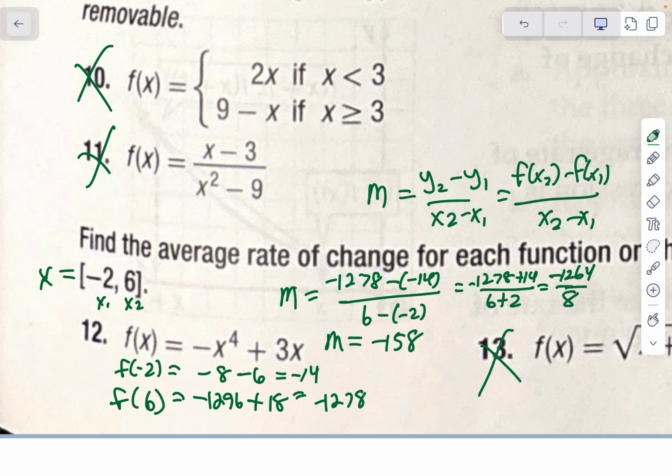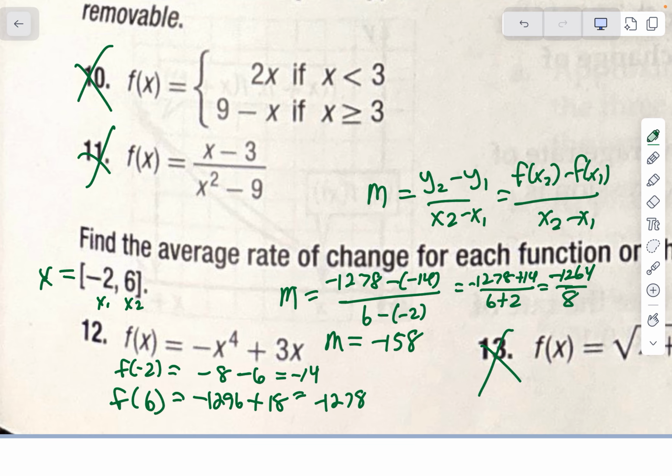So it is just a glorified slope formula on an interval between -2 and 6. If you were to graph that, it's going to kind of look like an M going down. And you connect those 2 points, and then you're really finding the slope that connects those 2 points on the graph.